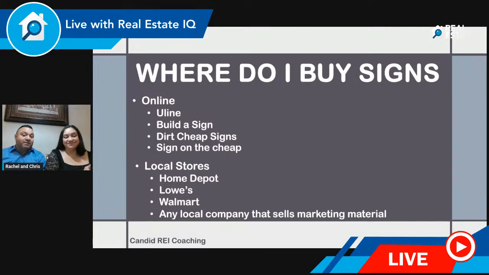Marketing, right? So whenever we first started, we looked everywhere to buy these signs. We started just at Walmart, at Home Depot, and we go online as well. Some of the online websites that you can go to are Uline, Build a Sign, Dirt Cheap Signs, Sign on the Cheap. So right or wrong doesn't matter as long as you start getting some of these signs out there.